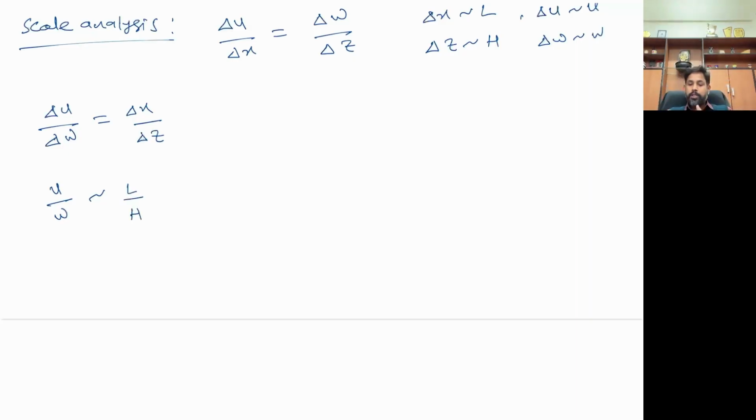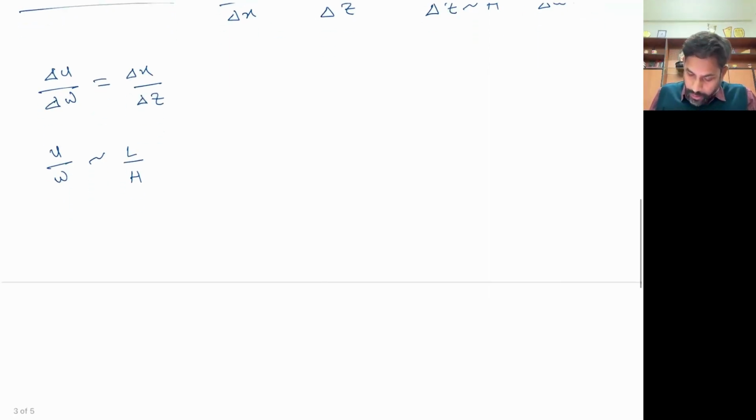So we are approximating delta u to u, delta w to w, and delta x to L, and delta z to h. And because they are all in approximate form, we don't have to write the equal sign, but they are approximately equal to each other. So what information do we have here? Now we know that u by w is equivalent to L by h.